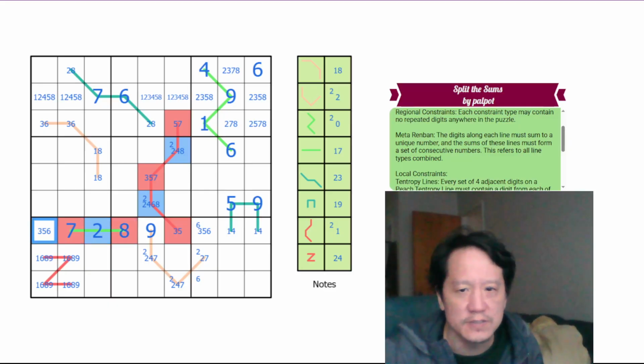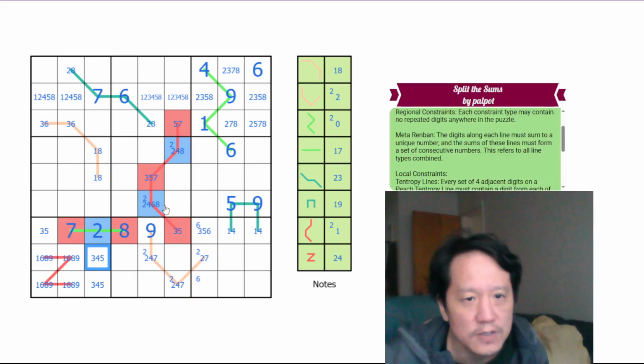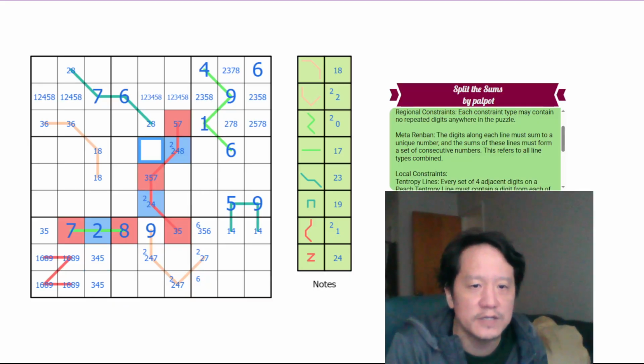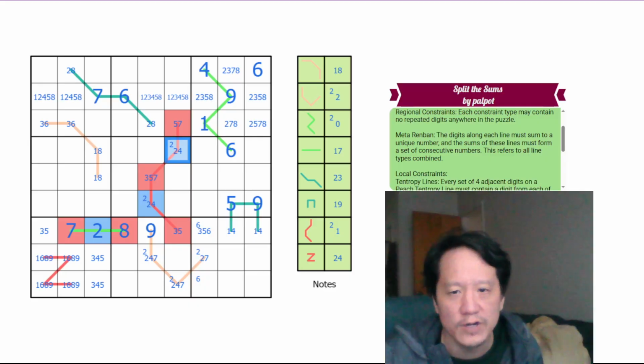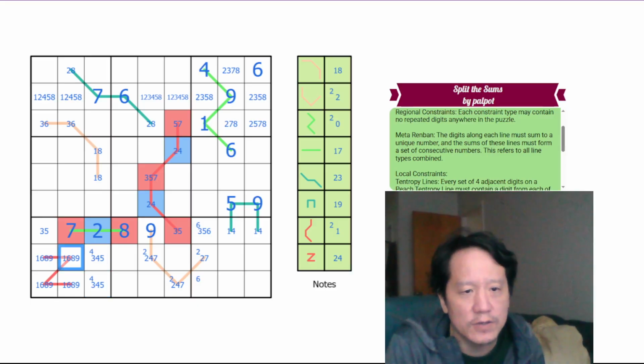This can't be 6 anymore, it's 3 or 5, and we have 3, 4, or 5 in the rest of the box. So this can't be 6 or 8, it's definitely 2 and 4 as a pair. This is 3, 5, and 7. We have 8 here, we're guaranteed a 4 here.